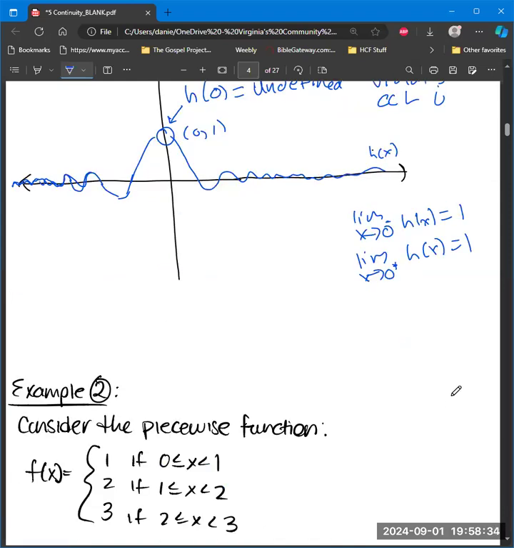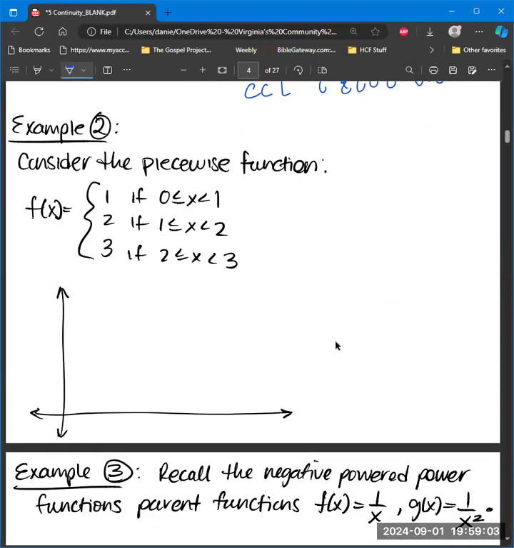So we're fine with continuity checklist part 2, but it violates part 1 and part 3. 1 and 3 are violated because there is no function value there. So, all right, let's pick up here and talk about a piecewise defined function.